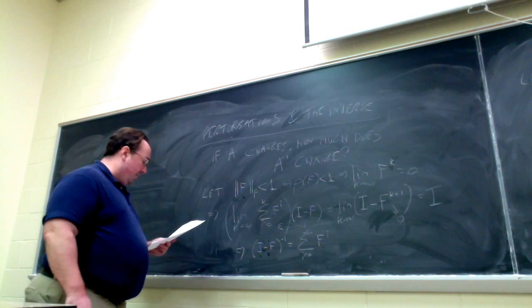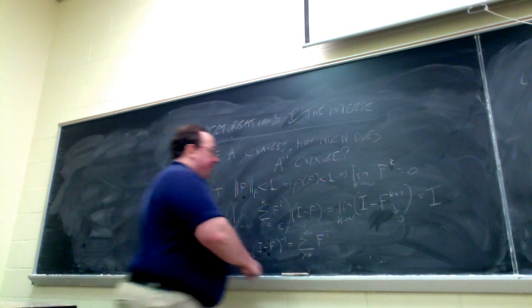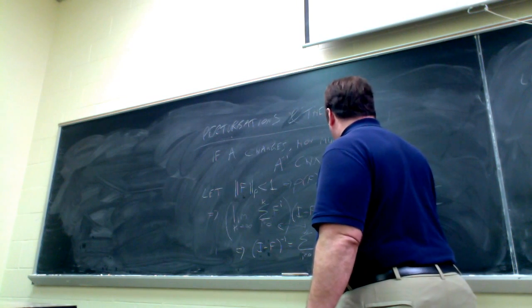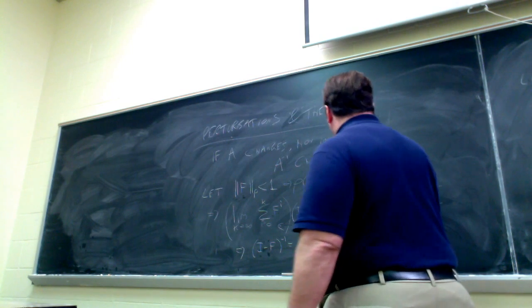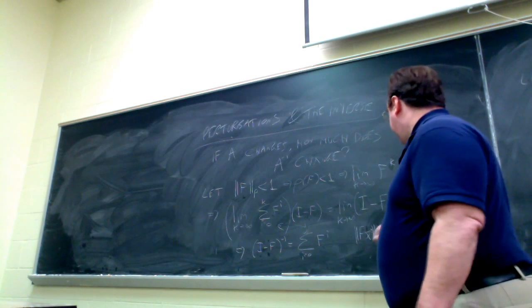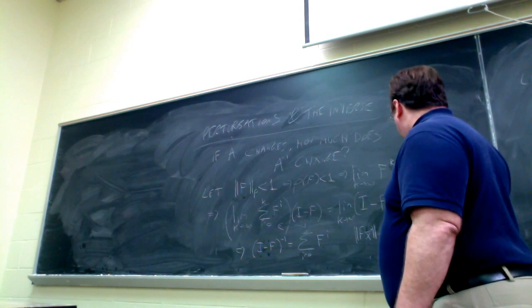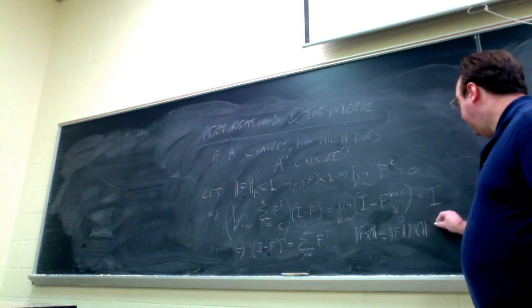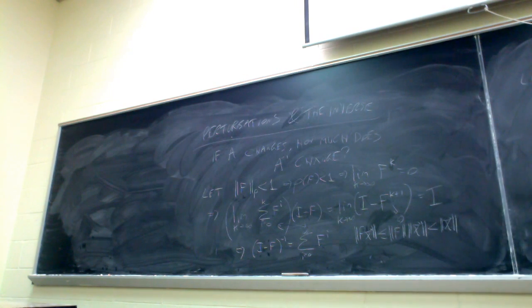To get an idea as to why: the norm of F times x is less than or equal to the norm of F times the norm of x, but that is strictly less than the norm of x.